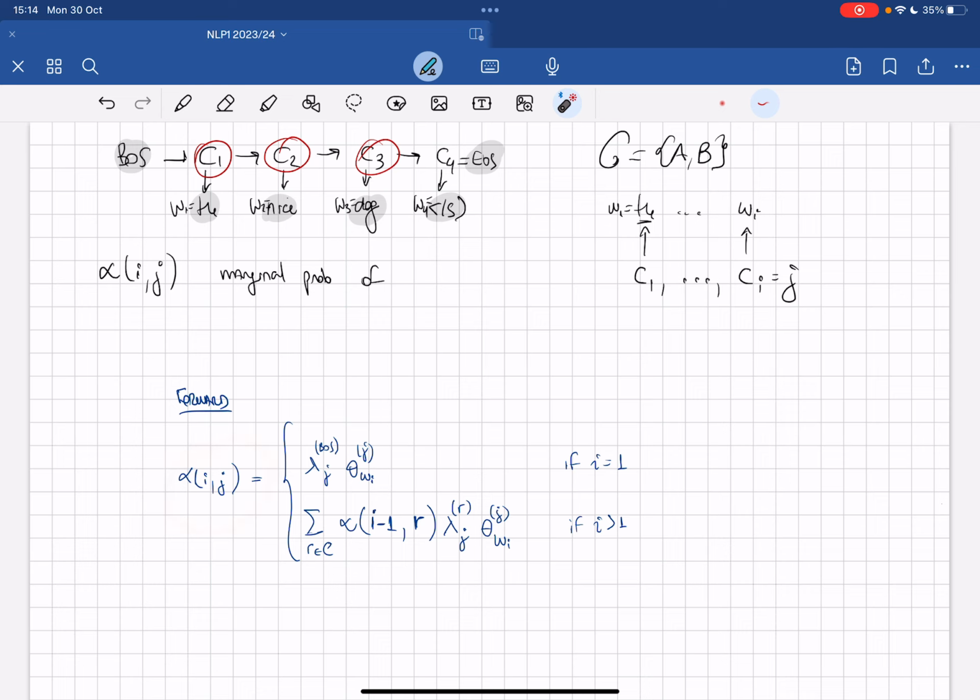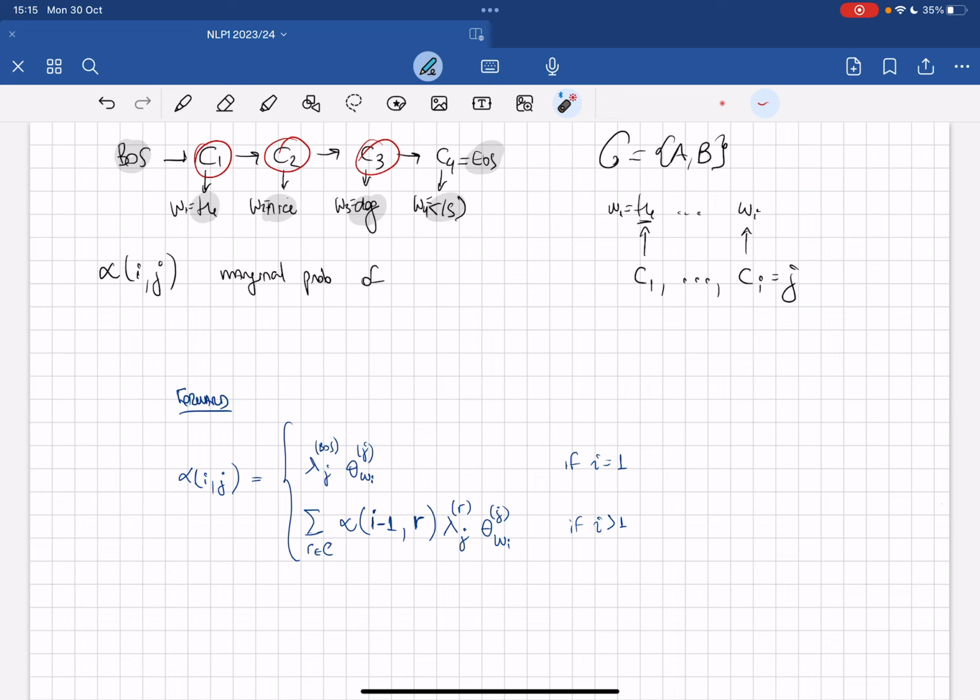So alpha ij when i is 1 evaluates to exactly this: a transition from the beginning of sequence tag symbol to the jth tag, and the jth tag then generating the first position. So it's always going to be this.